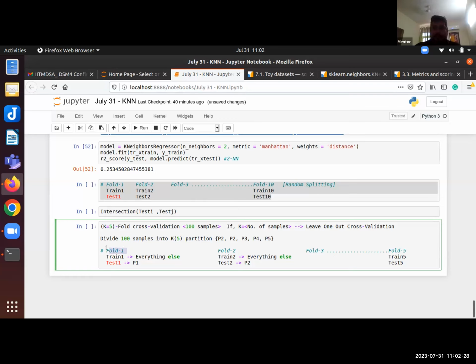So k equal to 5 will decide this. If you have 100 samples, the first 20 samples, 1 to 20, are in P1. The next 20 samples, 21 to 40, are in P2, and so on. Is this clear? If you want, you can shuffle it and pick the first 20. That you can do.